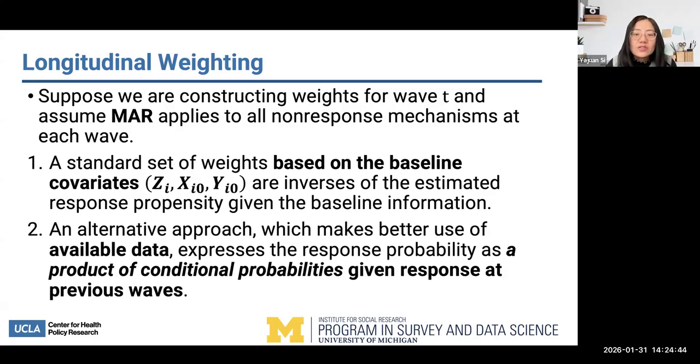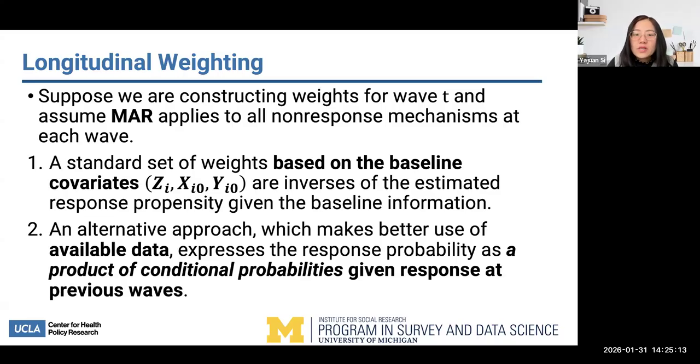So then in the end, the final weight or the response probability for wave 3 will be the product of the conditional probabilities given responses at previous waves. And this approach allows us to better use available data, but it depends on their response behaviors at previous waves.